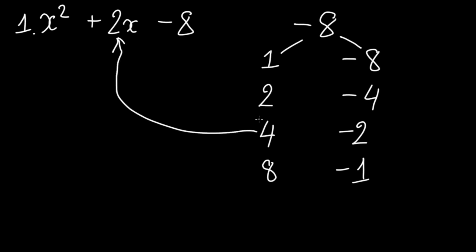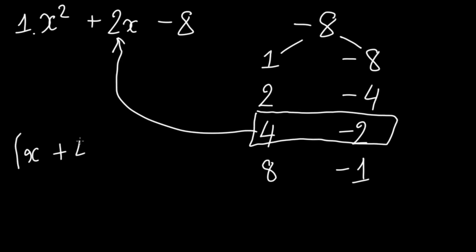And 4 times negative 2, we get negative 8, which is our c. So the final answer is x plus 4 times x minus 2.